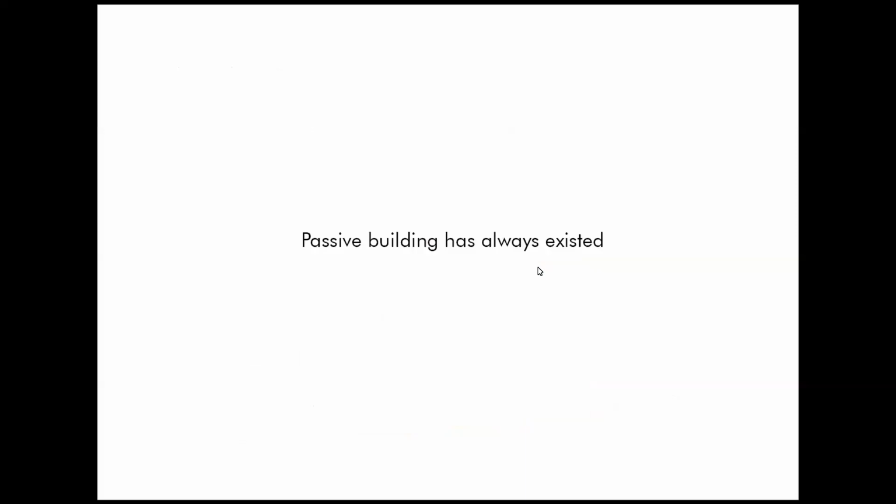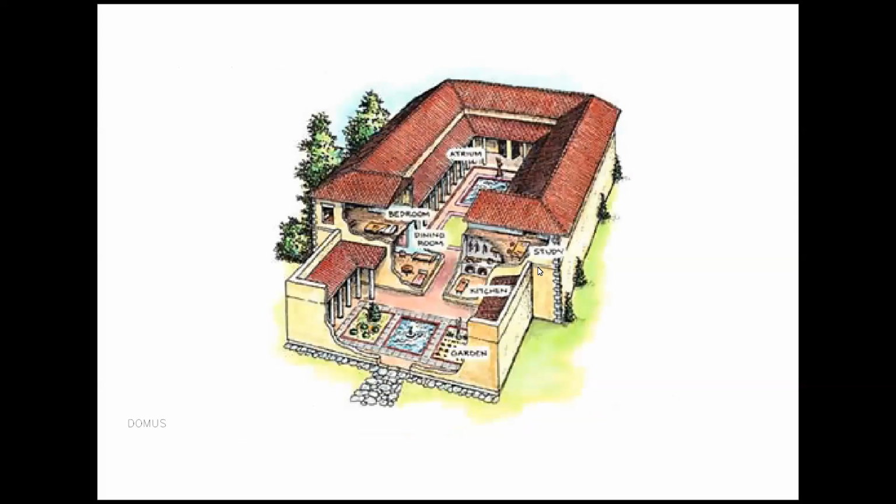But also when we are thinking about passive buildings, we can think that passive building has always existed. In fact, in the history of architecture, the Roman domus, which was the first kind of house in architecture history, is closed outside and has a courtyard with shaded parts and water in the center.